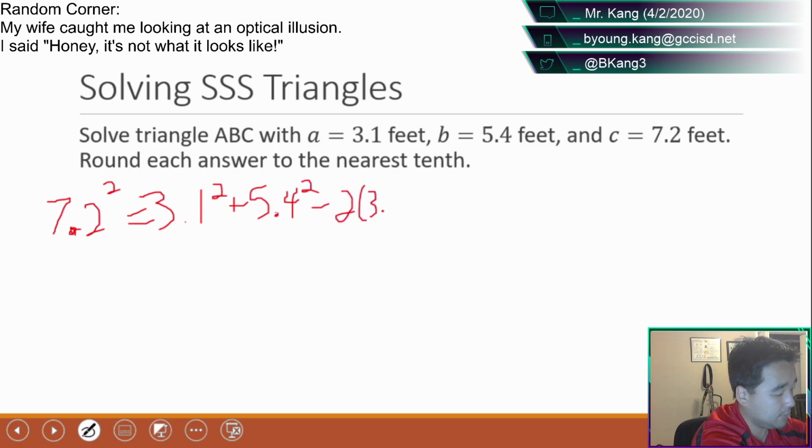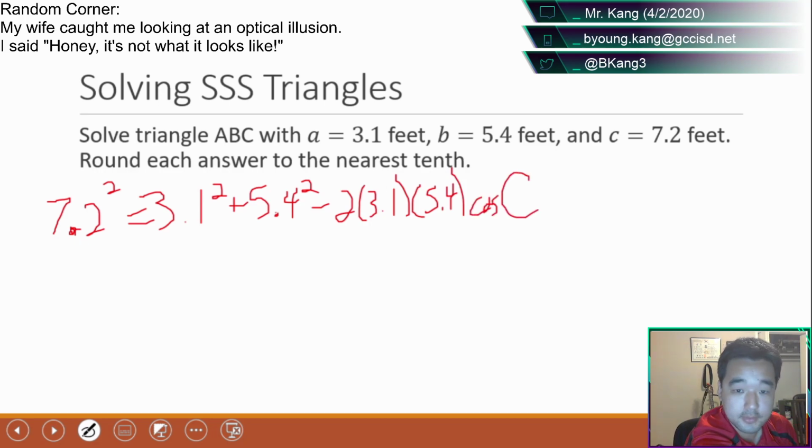Alright, so we will... And here I put C on the left-hand side, so angle C is going to be the one in the problem. The 3.1 squared gets subtracted. The 5.4 squared gets subtracted. The negative 2 times 3.1 times 5.4, that all gets divided.